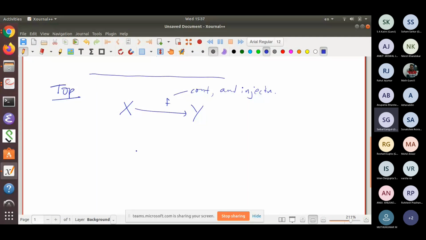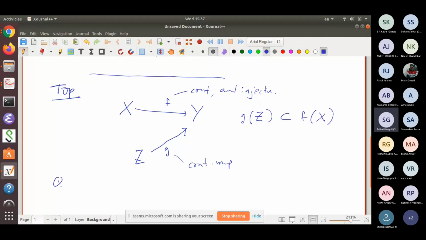And suppose I have some other topological space Z, and G is a continuous map from Z to Y. And moreover, image of G is contained in image of F.